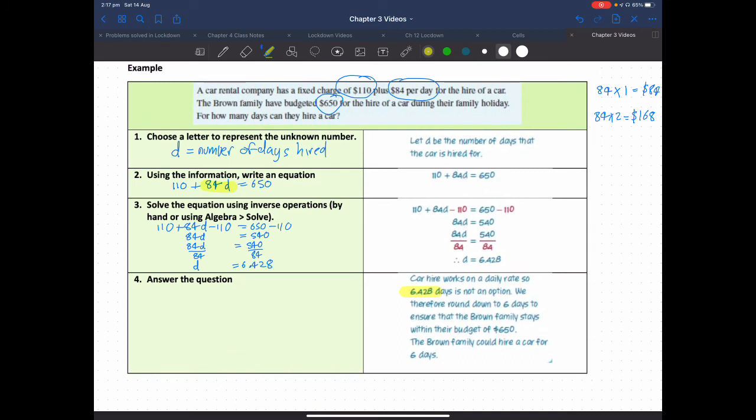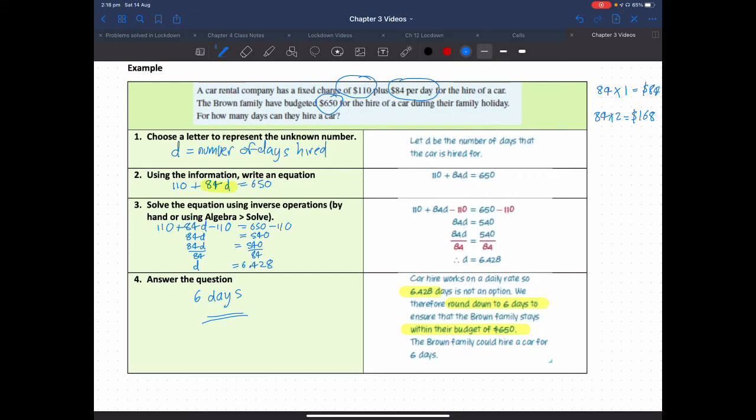Now you can't pay for 6.428. In these questions, they're saying we round down to 6 days so that they stay within budget. So the answer being expected in this question is 6 days.